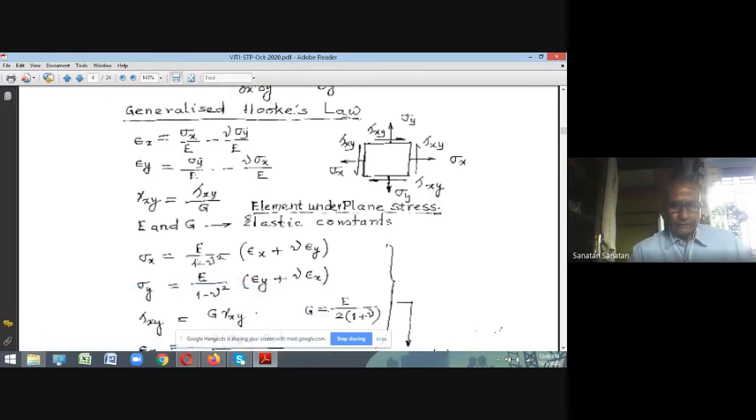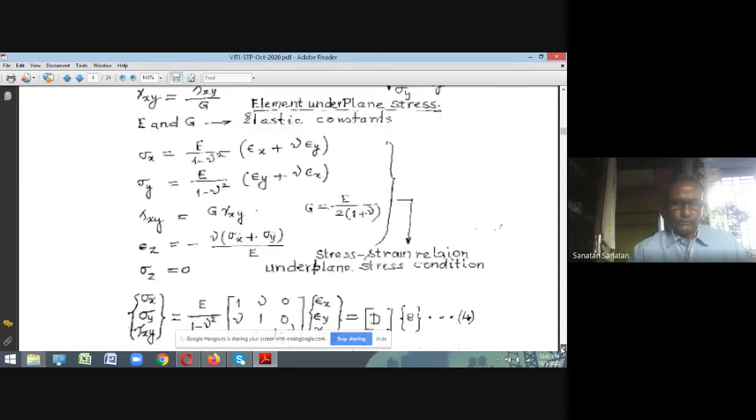Sigma x is equal to E by 1 minus nu square into epsilon x plus nu epsilon y. Sigma y is E by 1 minus nu square into, I'm sorry, epsilon y plus nu times epsilon x. And shear stress is nothing but G into gamma xy, where G is the rigidity modulus, already introduced.